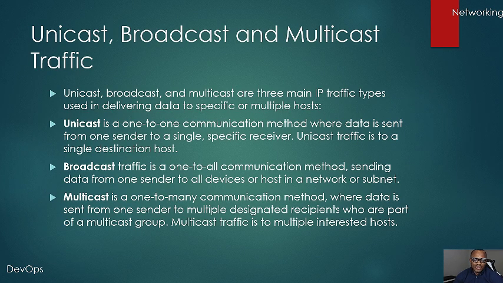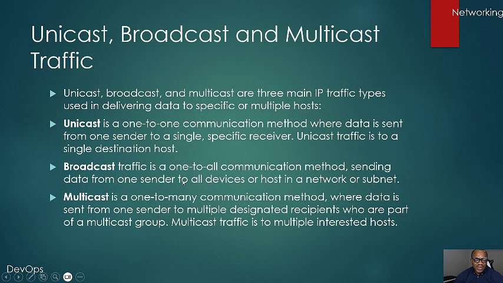So for unicast, you can have one computer with an IP address that is sending multiple traffic to different IP addresses. So it's a one-to-one thing. And we also have broadcast traffic, which is a one-to-all communication method, and is sending data from one sender to all devices or hosts in a subnet or in a network.